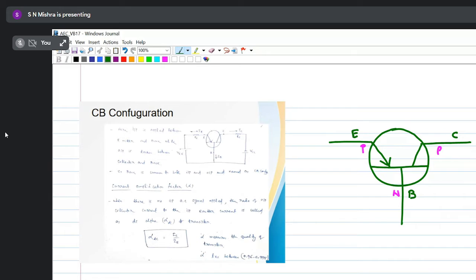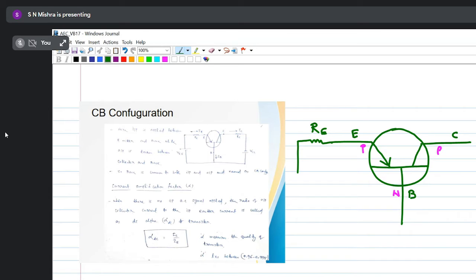So I'll connect a resistor. Generally a resistor will be connected; we cannot connect the voltage source directly because a sudden change in voltage may damage the transistor. That resistor I'll name RE because it is connected to the emitter terminal.